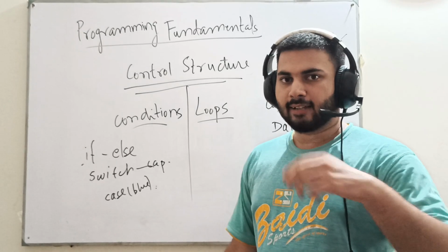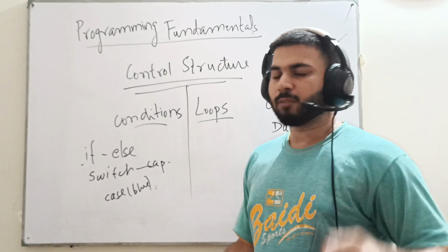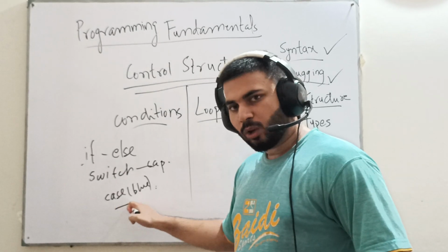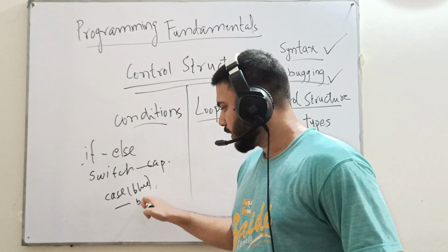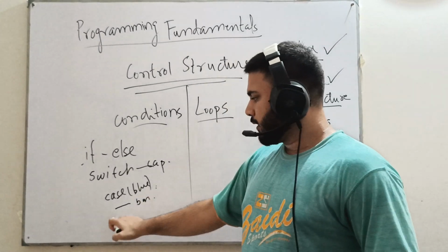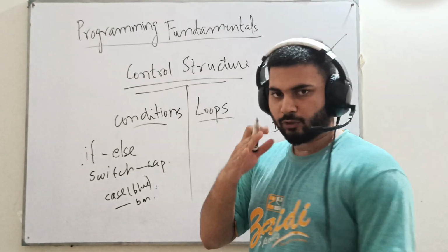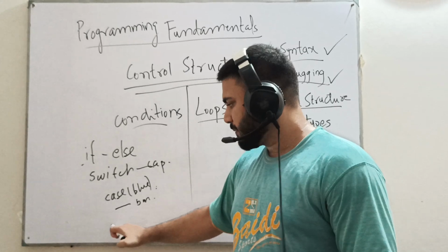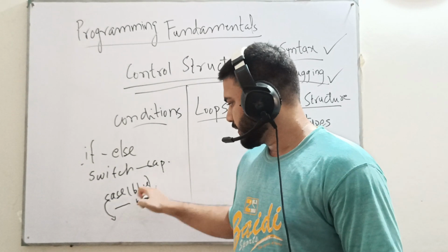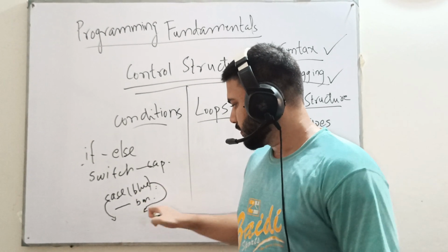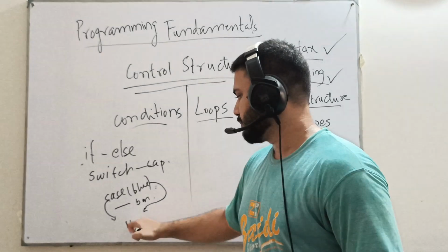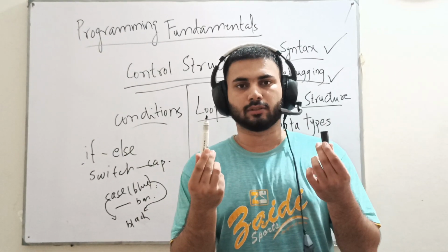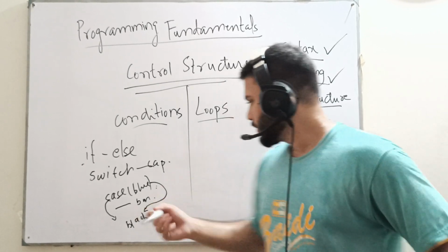The next case is I find it blue, then it belongs to the blue marker. The next case that is possible is the cap is black, just like in this case. So it belongs to the black marker, right?